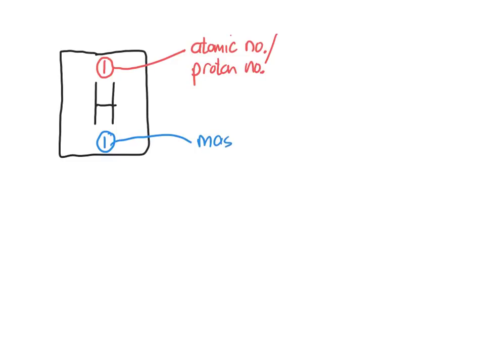The number that we're going to represent in the red at the top is what we call the atomic number, or the proton number, and the number at the bottom, which I'm going to represent in blue, is what we call the mass number, or the nucleon number.